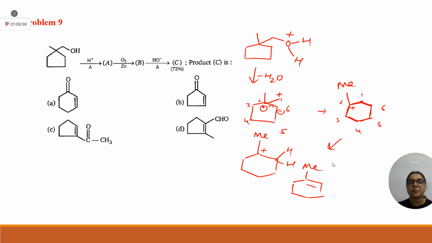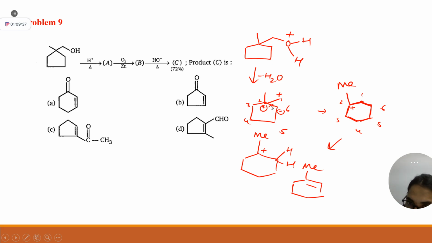This is actually carbocation rearrangement, which I have not taught you, but I hope you have understood how I have done this rearrangement. Whenever you are dealing with carbocation chemistry, you have to make that carbocation maximally stable in that compound. Here the primary carbocation was not stable, so this C-C bond migration has taken place. How?